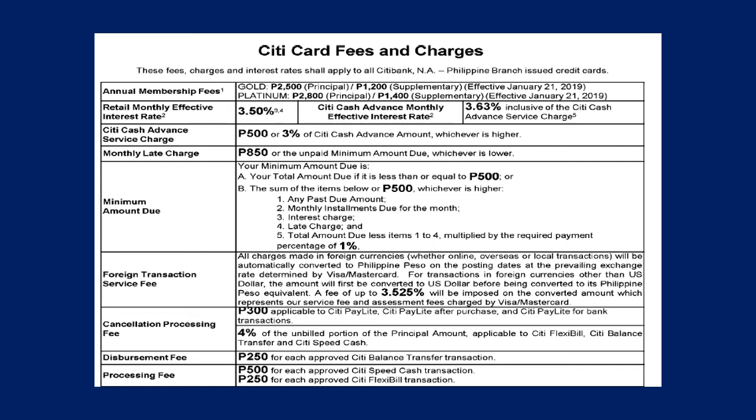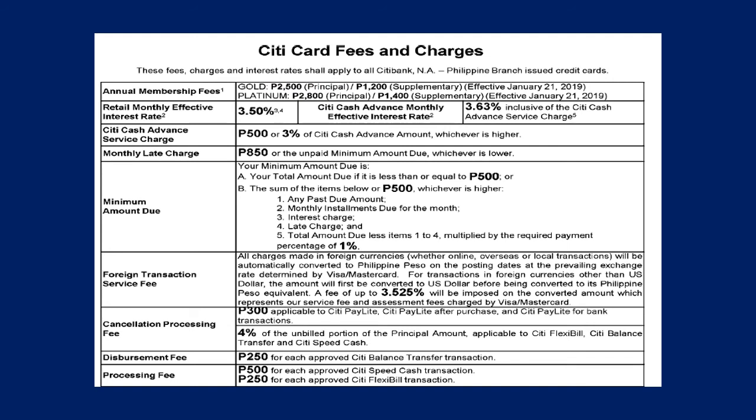What is the meaning of a supplementary card? For example, I have a card and then I want to get a supplementary card for my husband. My husband does not need to apply for a credit card because although the card will have his name on it, when the billing comes, it will all be charged to the principal account.